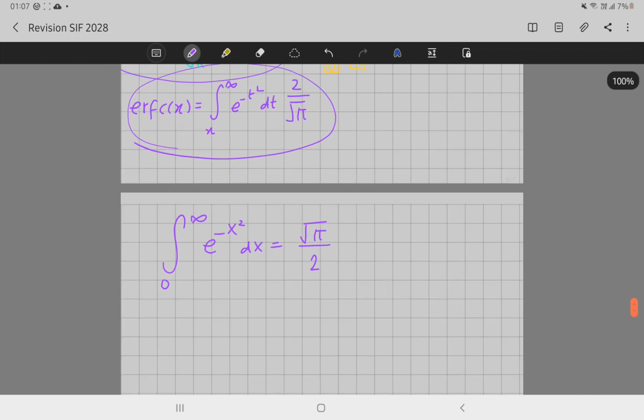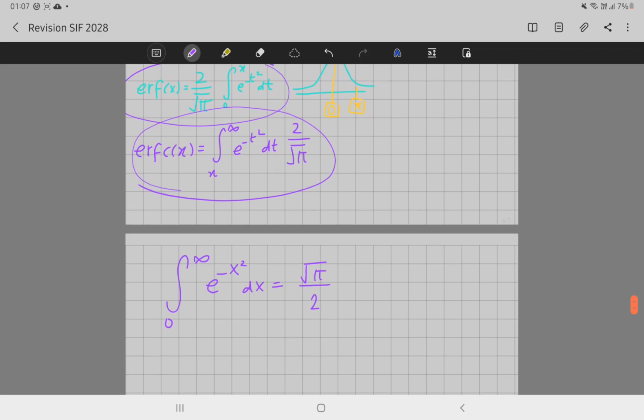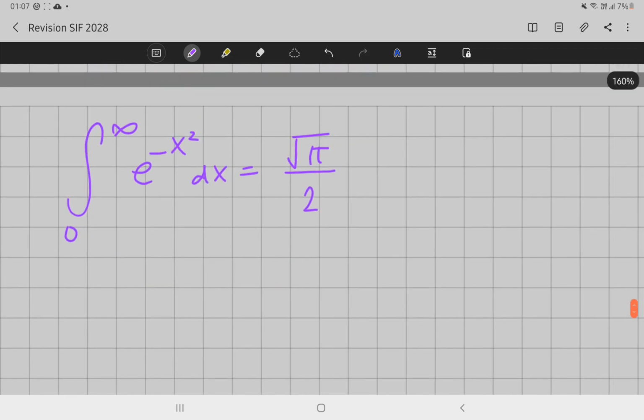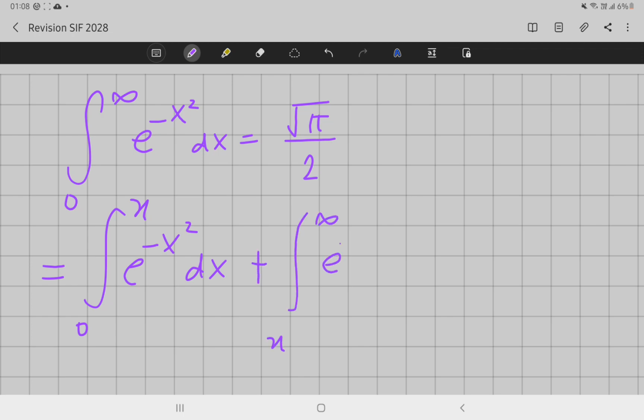Okay, so we can break this down. Integration from 0 to infinity is the same as integration from 0 to x of e to the minus x square dx plus integration from x to infinity of e to the minus x square dx.